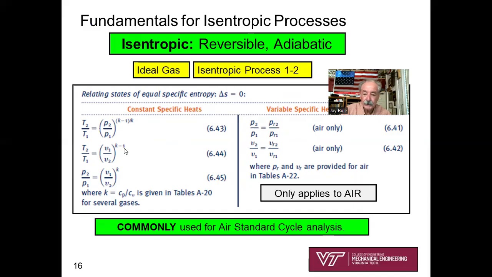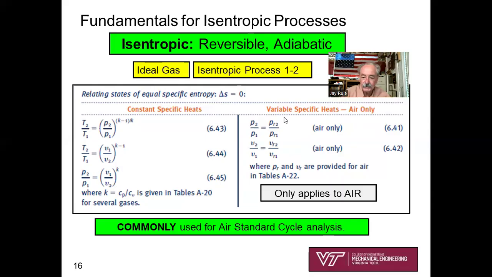You can derive those formulas. These aren't just empirical formulas at all. They are restatements of the fundamentals of isentropic process, reversible adiabatic, with an ideal gas and constant specific heat. And over here, these are the same fundamentals for air, ideal gas, undergoing isentropic process with variable specific heats.